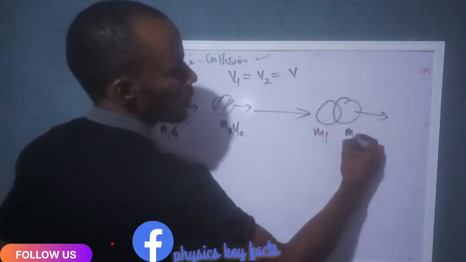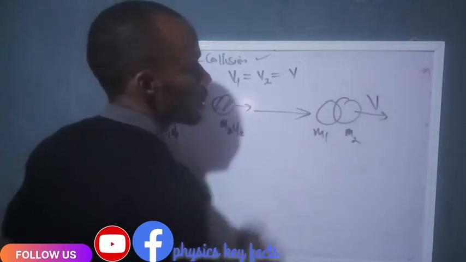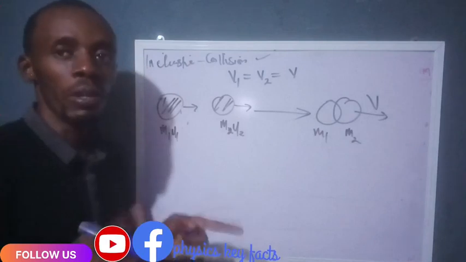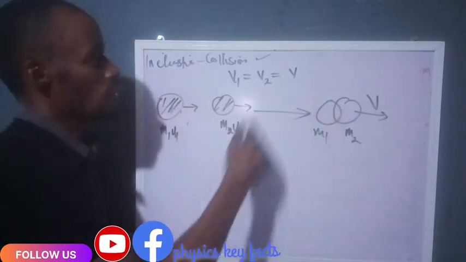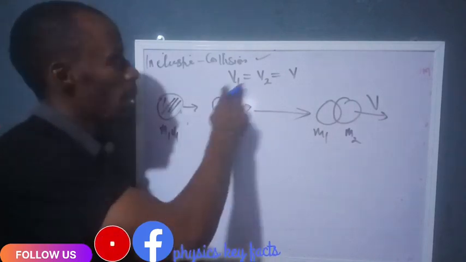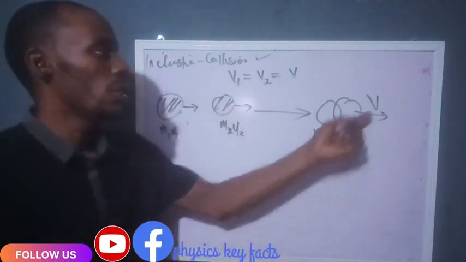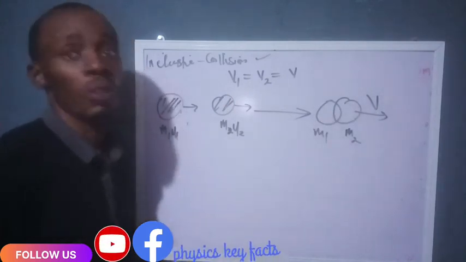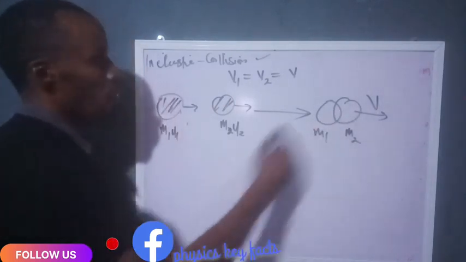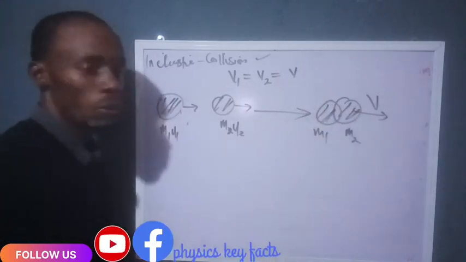This is m1, this is m2, and they move with a common velocity v, no longer individual velocities v1 and v2. That is why we are saying that v1 is equal to v2 is equal to v. v is replacing v1 and v2 because v is the common velocity for both of them. They stick together and they move with common velocity.